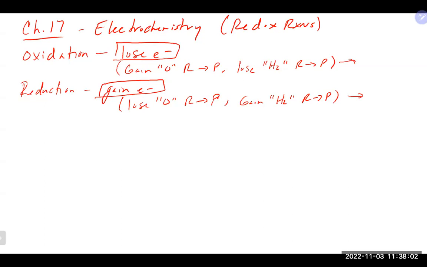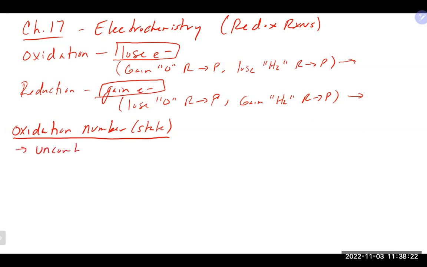One way that we can follow what is going on is by identifying the oxidation number or state. Remember some of the general rules of oxidation numbers. Anything that is uncombined in its natural form will have an oxidation number of 0.